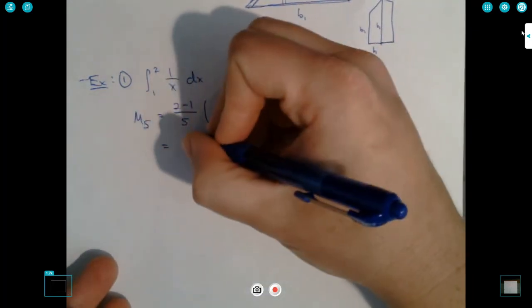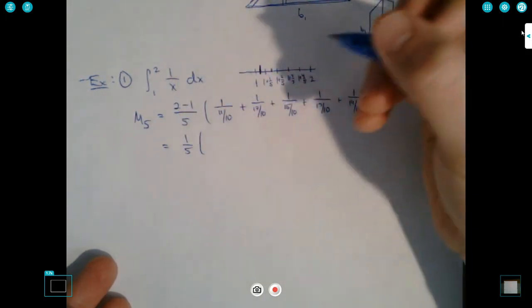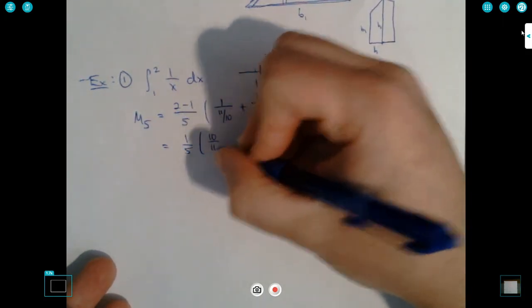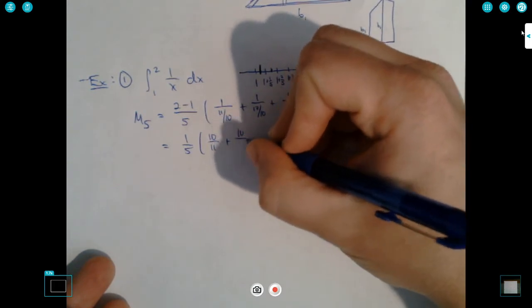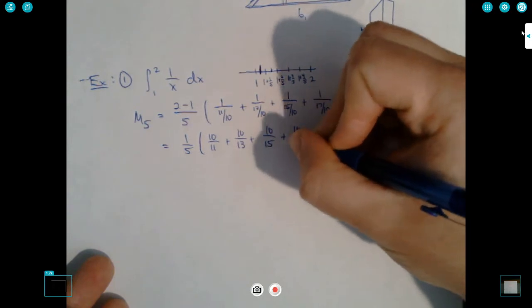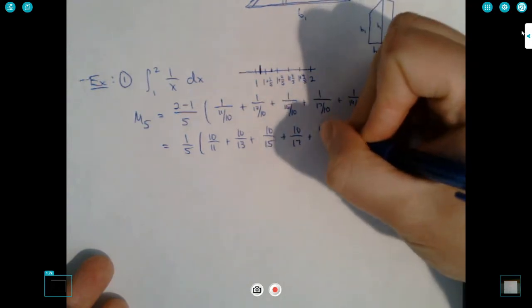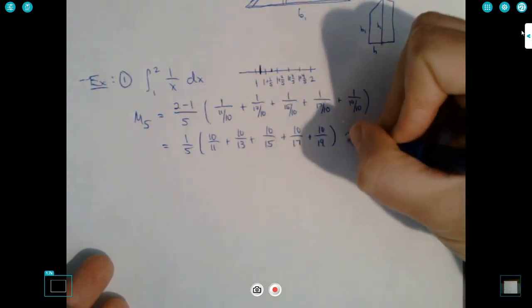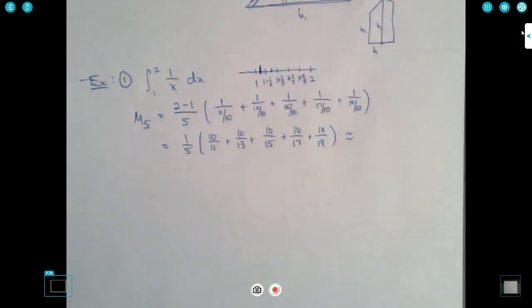So this is going to be 1/5 times (10/11 plus 10/13 and so forth): 1/5 times (10 over 11 plus 10 over 13 plus 10 over 15 plus 10 over 17 plus 10 over 19).